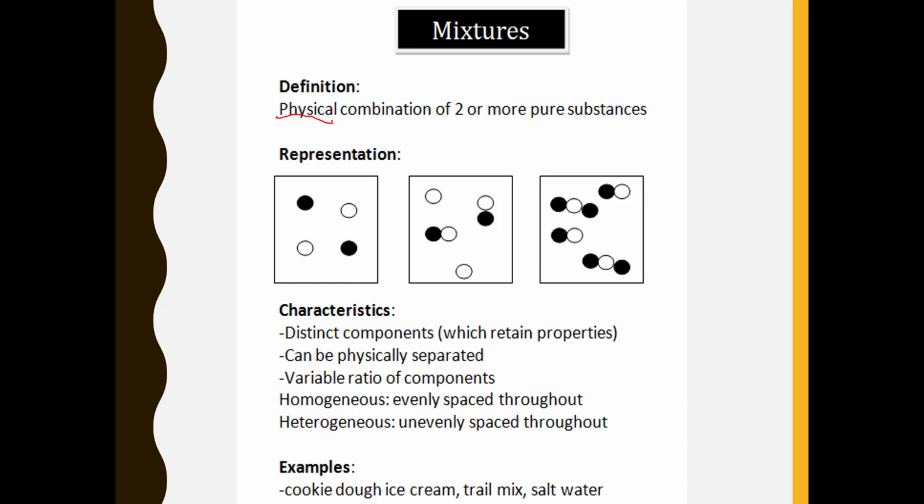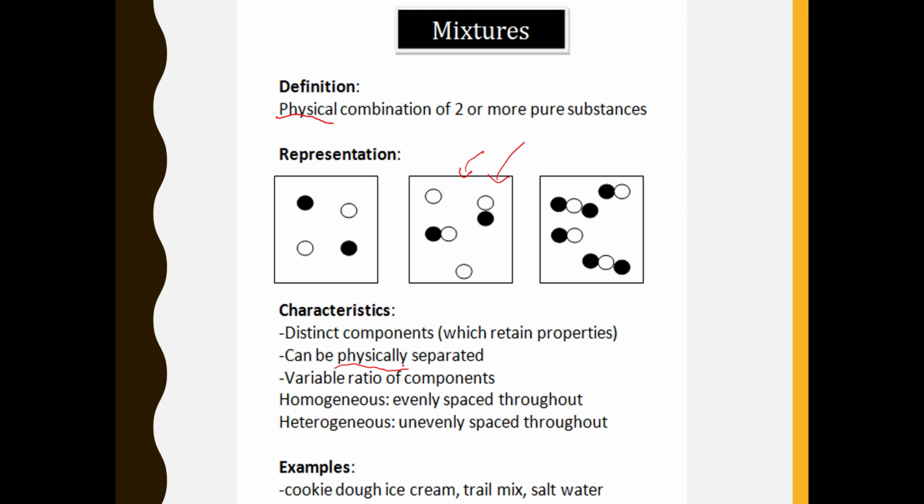Representations of mixtures can be between single elements, between diatomic elements and singular elements, or between compounds and sometimes even compounds and elements. Some characteristics is that there's distinct components. This means that they retain properties. They can be physically separated, and we're going to talk about separation means later on. They have variable ratios of components, which means that they can change depending on what you take out and put in.